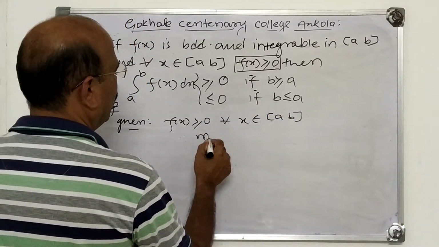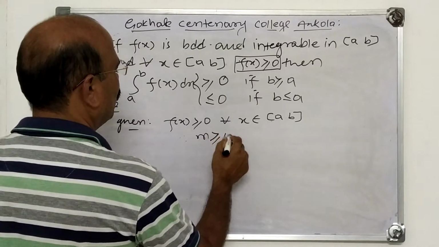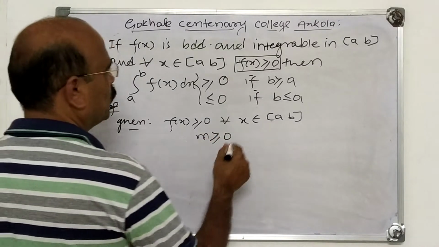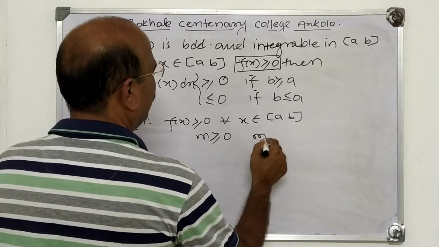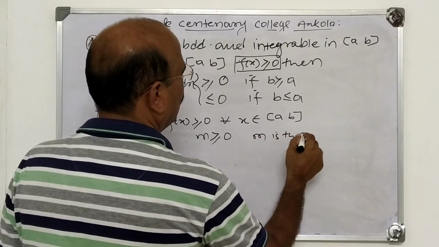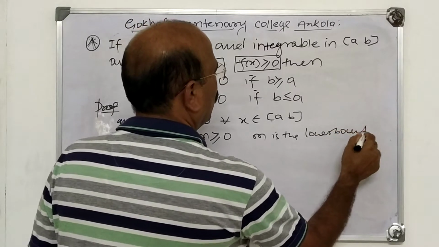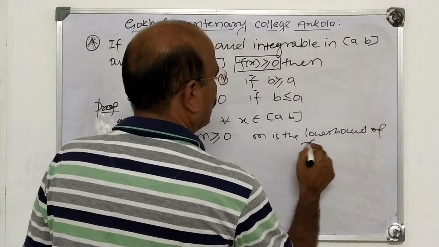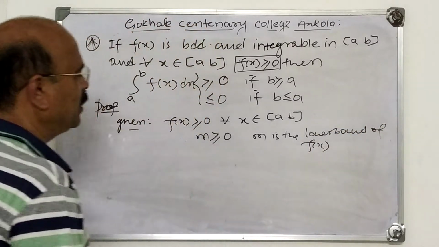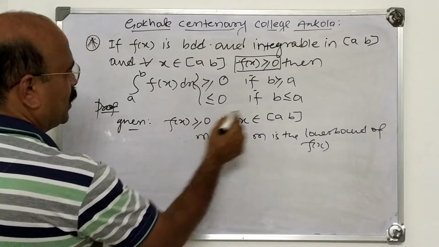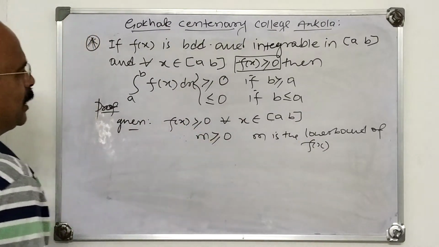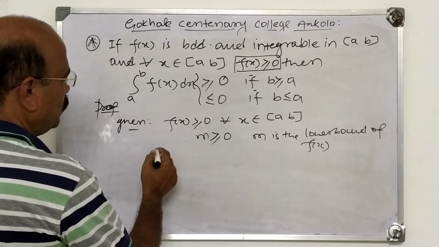Therefore m is greater than or equal to 0. Because what is m? m is the lower bound of f(x). Therefore m is the value of f(x) in [a, b]. Therefore m is greater than or equal to 0.